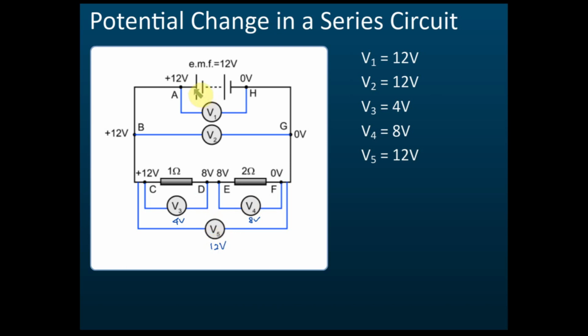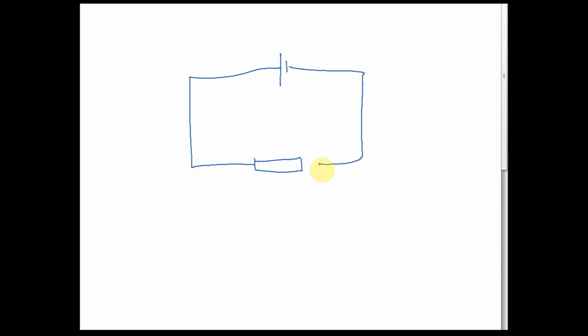So make sure that you understand the potential change in the circuit, and then try to understand the potential difference in the circuit. Let me give you another example. Let me draw the circuit. Let's say we have a circuit, a simple one.